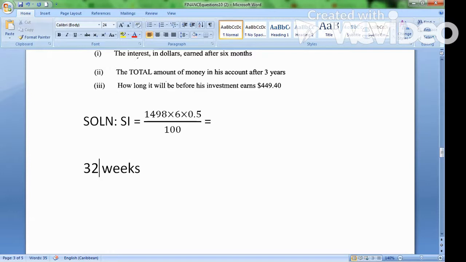22 weeks is about 8 months. All right, first of all, you have to convert weeks to months. How do you convert weeks to months?